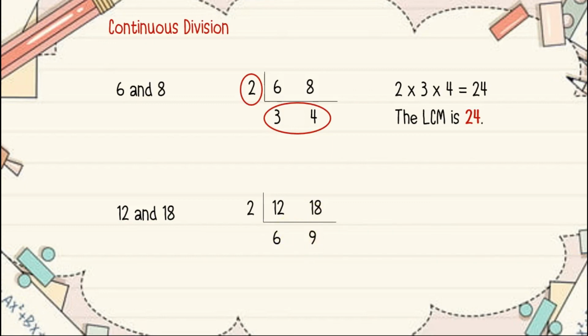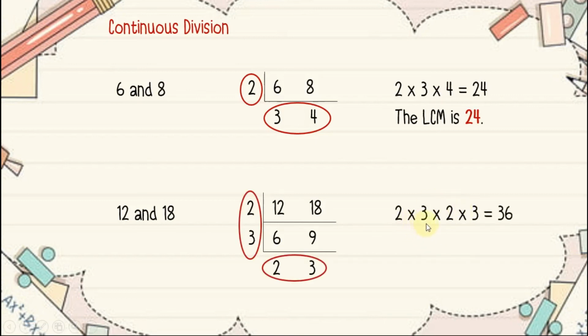Divide again the numbers by a common divisor, and that is 3. 6 divided by 3 is 2. 9 divided by 3 is 3. We're going to list again those numbers. We have 2 times 3 is 6, times 2 is 12, times 3 is 36. Thus, the least common multiple of 12 and 18 is 36.